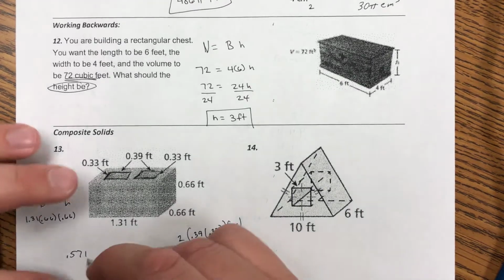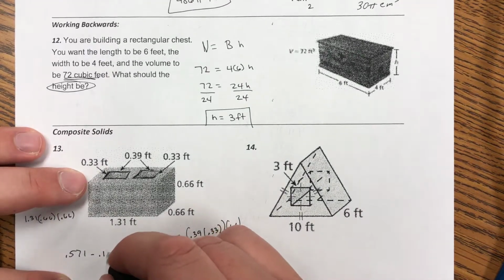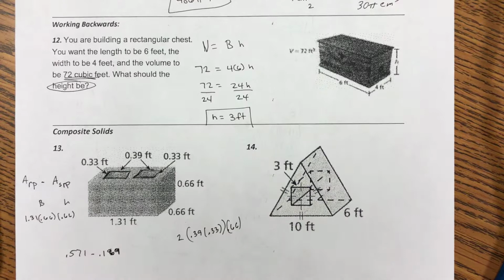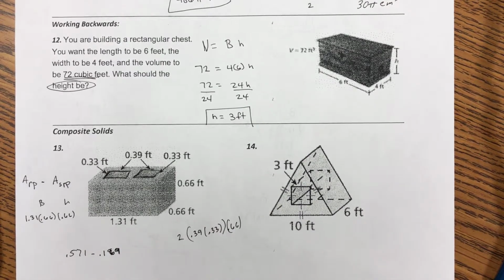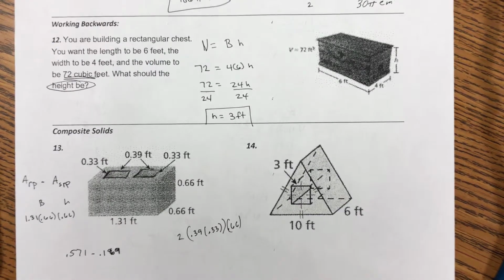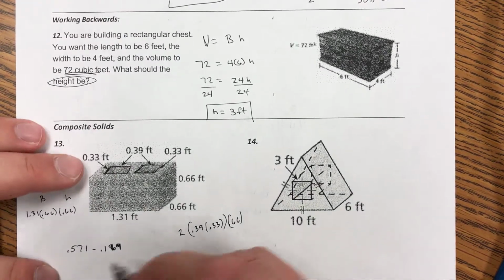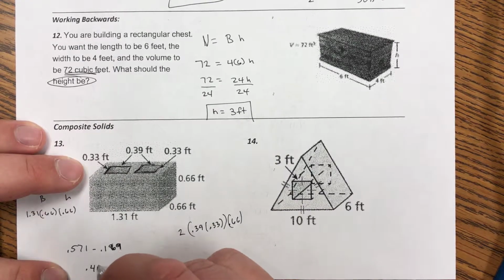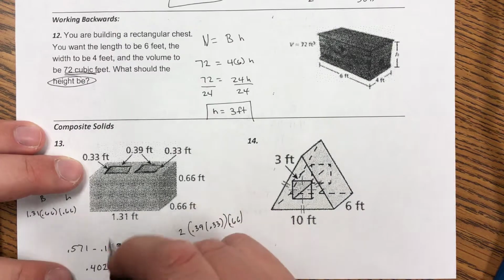I'm going to get minus 0.169. So if I take 0.571, and I'm rounding to the nearest thousandth on this, just to simplify it a little bit, since I don't specify on this particular problem, you could round to whatever you would like. But since I rounded to the nearest thousandth, I'm going to have a volume of 0.042 feet cubed.